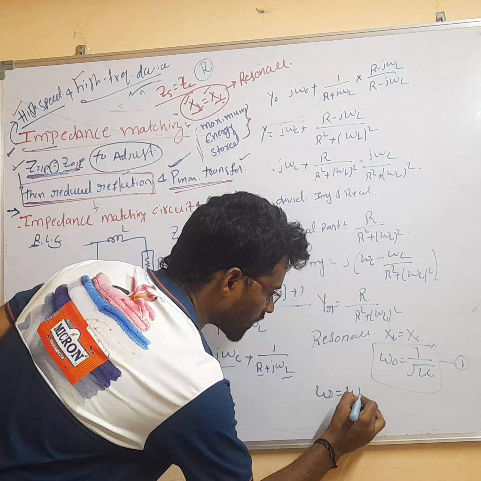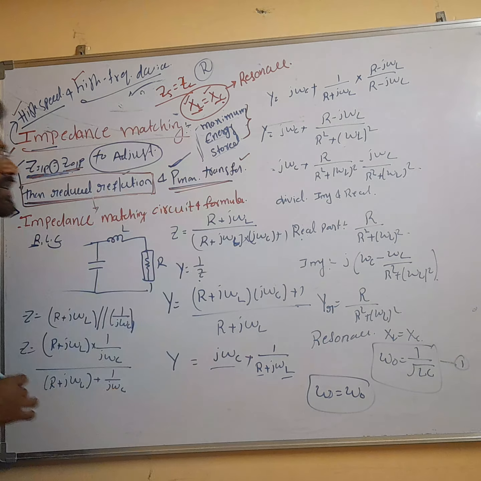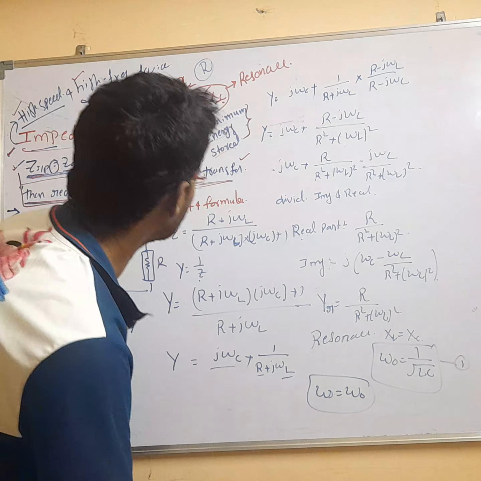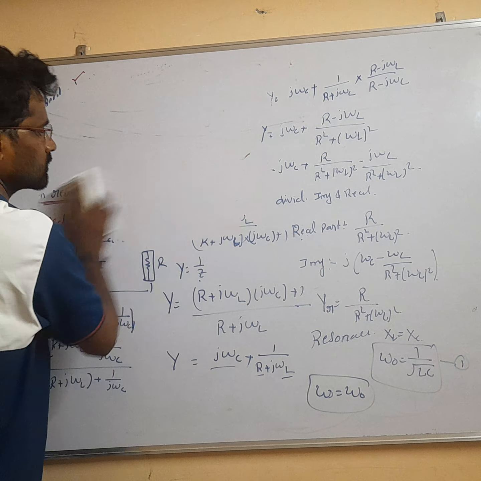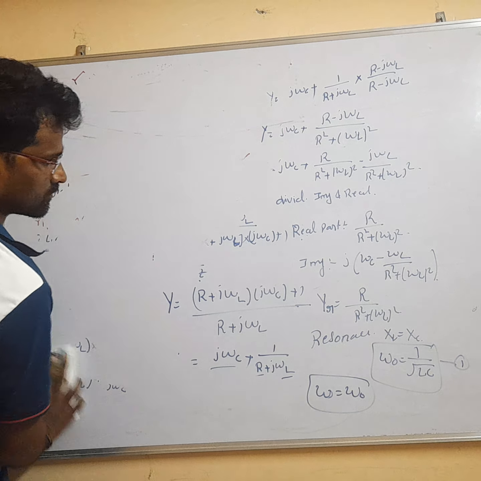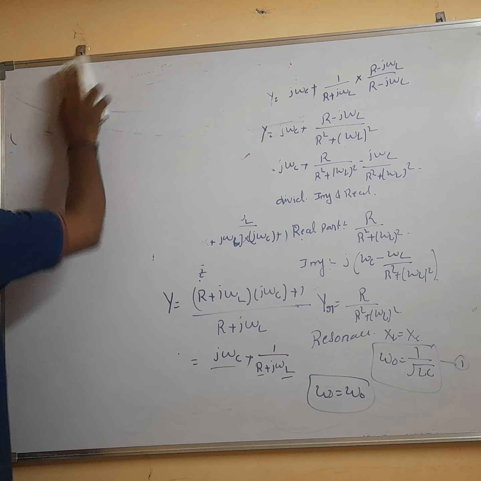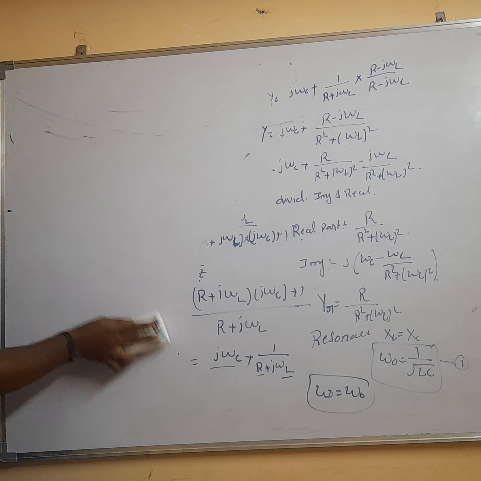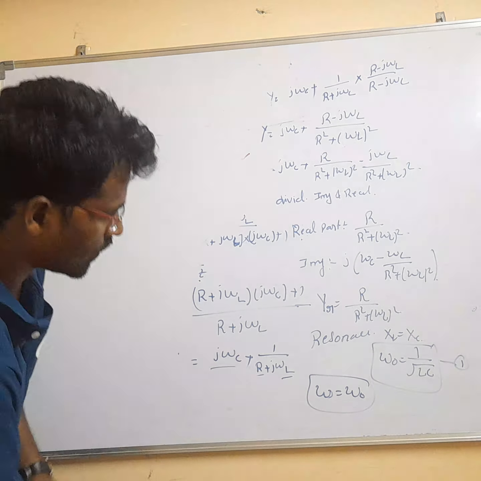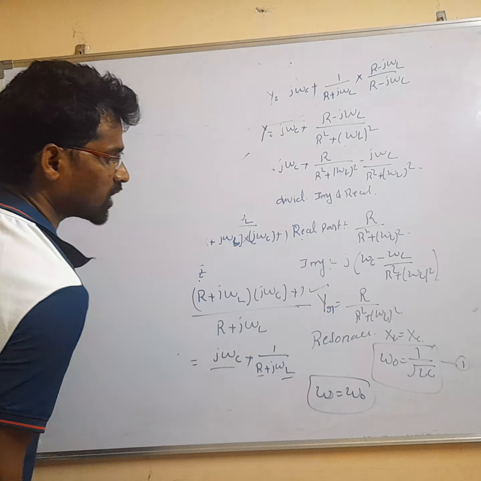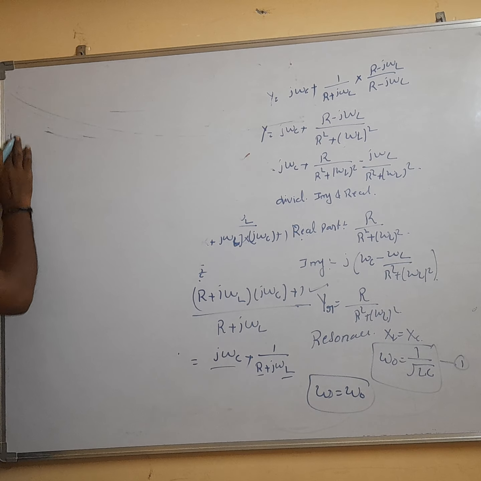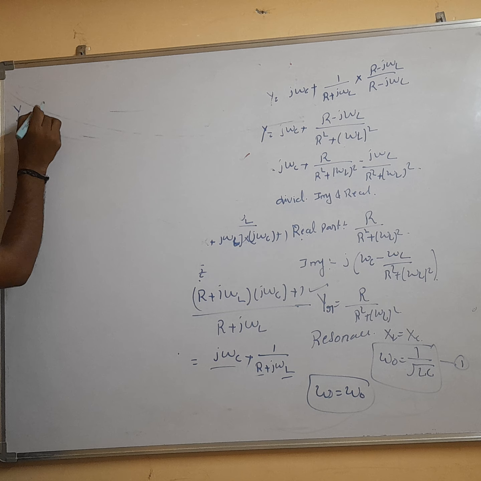So in this case omega is equal to omega naught. We replace omega with omega naught and substitute it in the real part of the admittance.